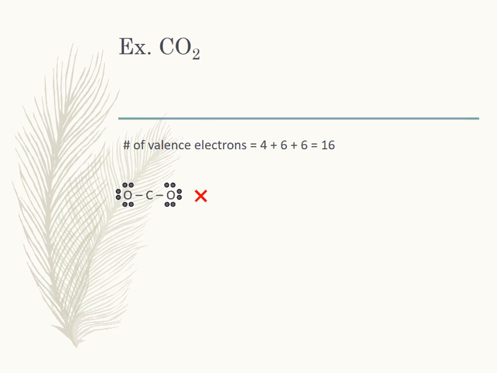We ran out of electrons. We're going to have to form some multiple bonds. And what we do is, instead of doing single bonds, we do double bonds, and that's going to leave us with a structure that obeys the octet rule and looks stable. So there is our big check mark there. We'll talk about formal charge in the future, but essentially what we need to see here is that each atom has met its octet.